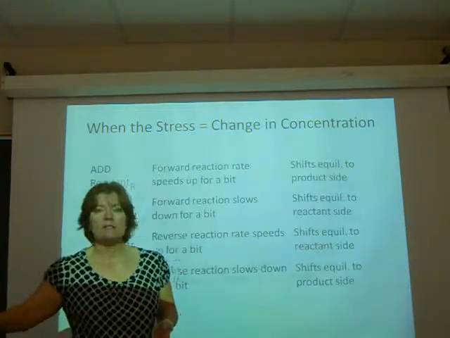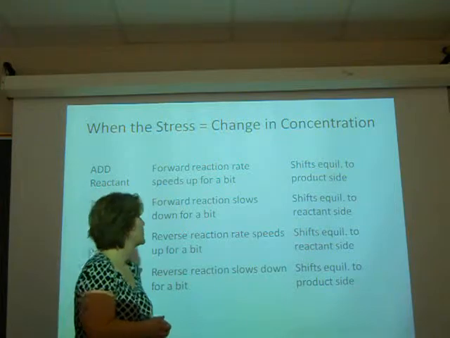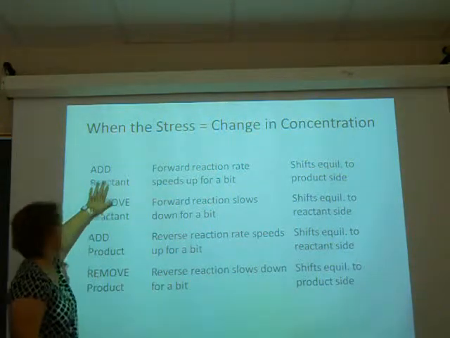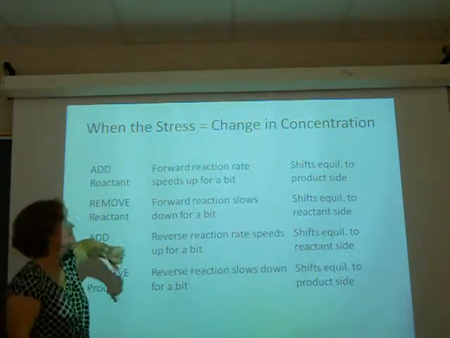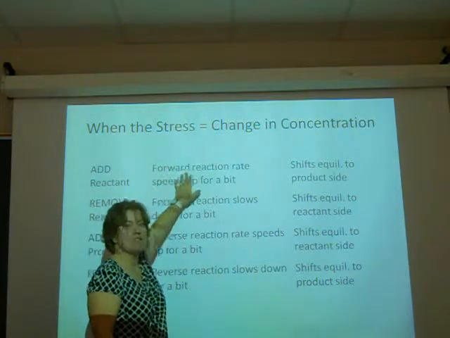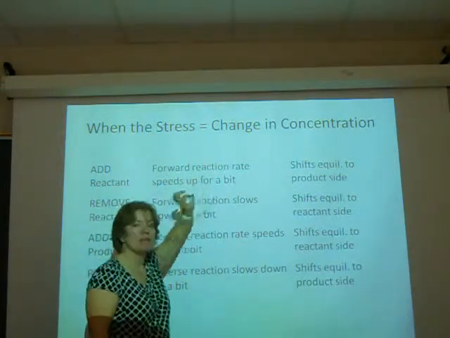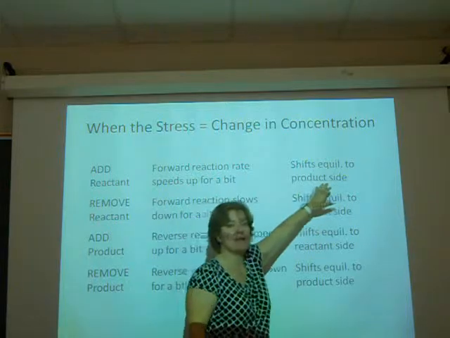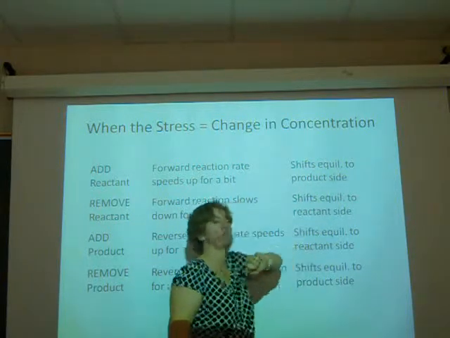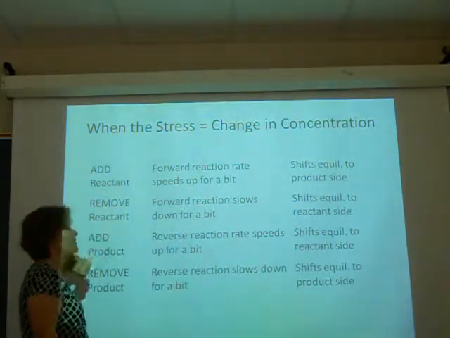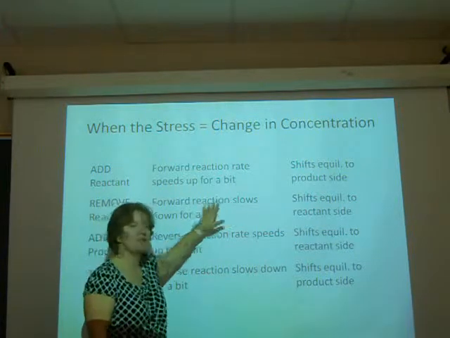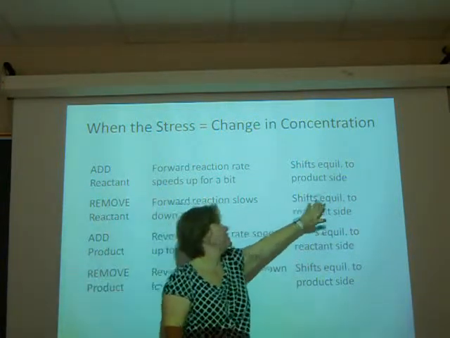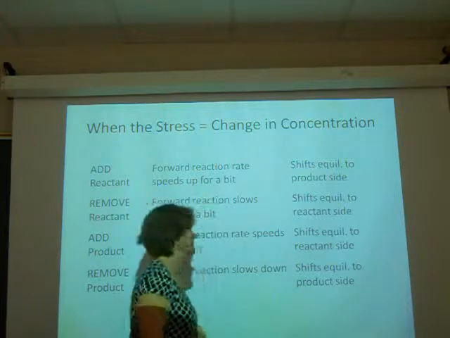Another way we can do this is to use the seesaw method. Again, here we go. Add reactant: it's going to increase the forward reaction rate, speeding it up for a little bit until it reaches equilibrium again, and it shifts the equilibrium to the product side. If I remove reactant, the forward reaction slows down for a little bit, and it shifts the equilibrium to the reactant side.